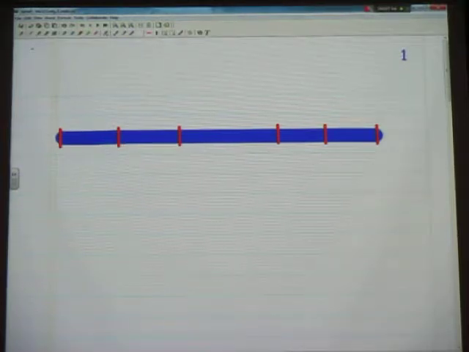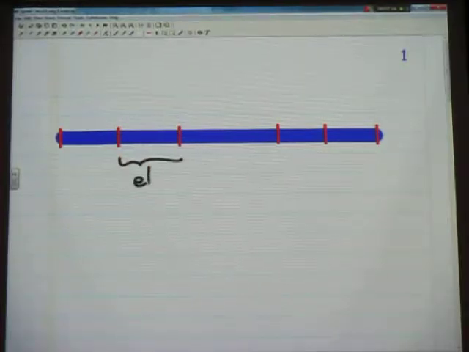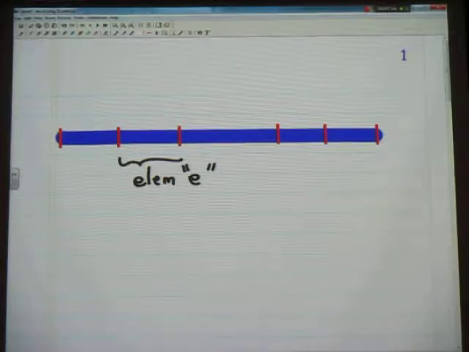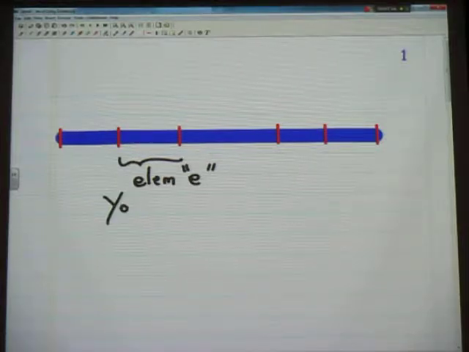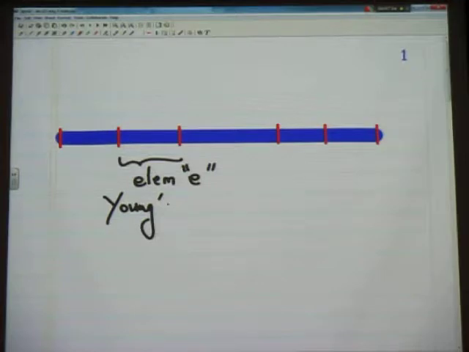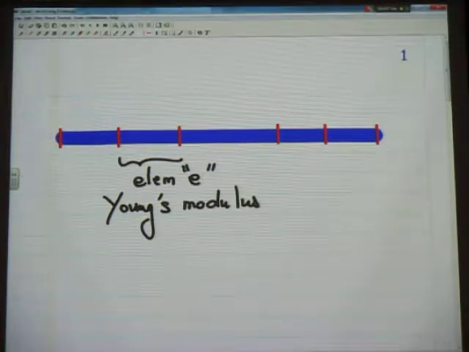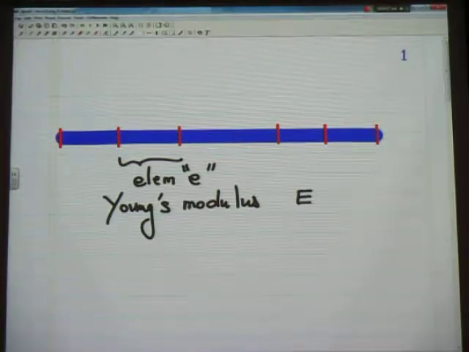So if you think of this element, or a typical element E, with the Young's modulus, each element can have a different material property, right? Different Young's modulus.